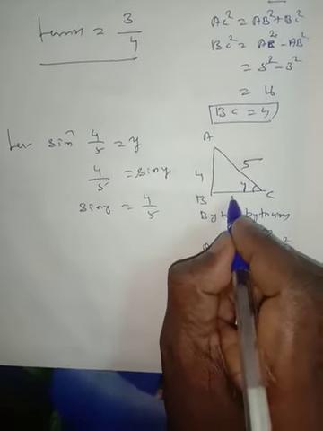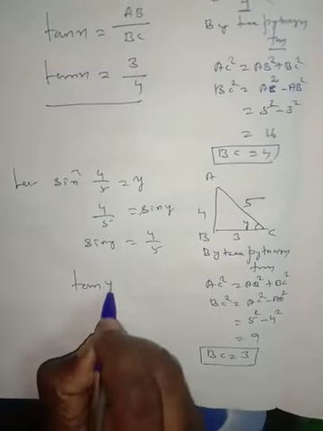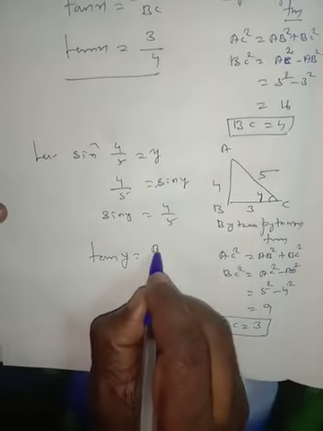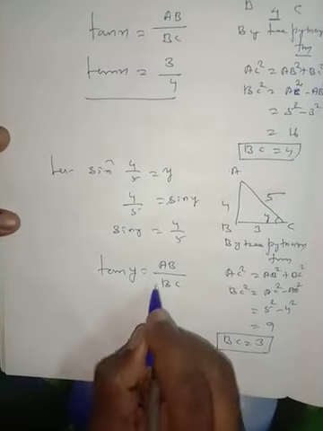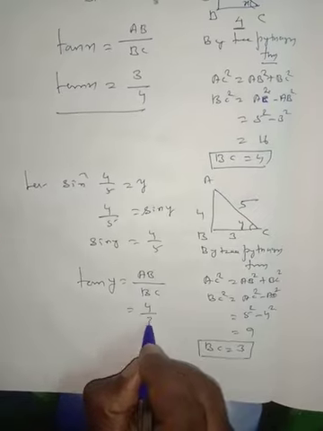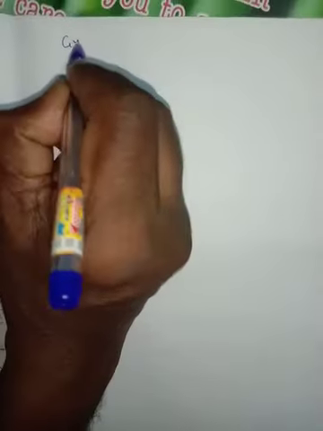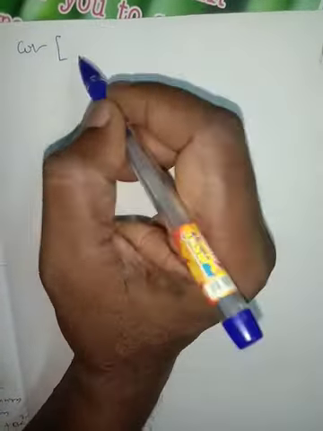Now tan y is equal to, from the diagram, 4 divided by 3, that is, AB, the opposite side, divided by BC, is equal to 4 divided by 3. Now the question is cot of sine inverse of 3 by 5.